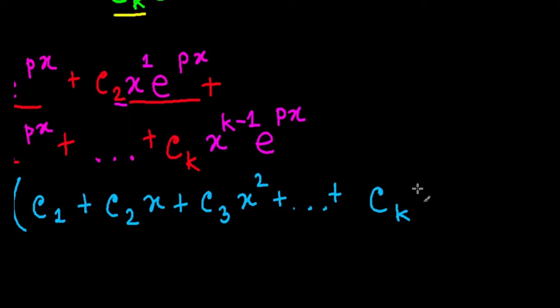For the kth coefficient, the power of x is going to be 1 less, and all this is multiplied by e to the power px, where p is that repeated root.